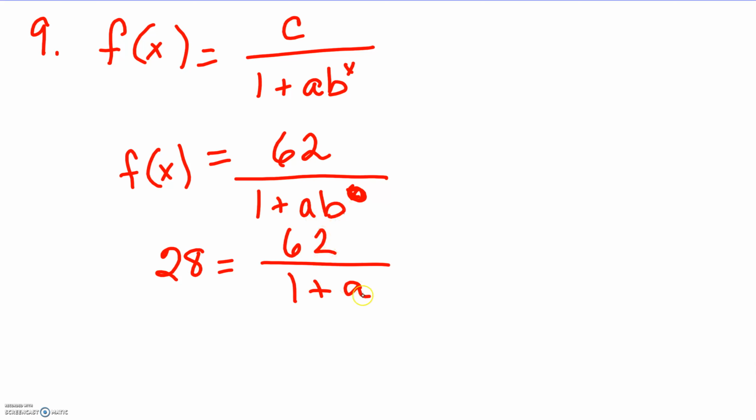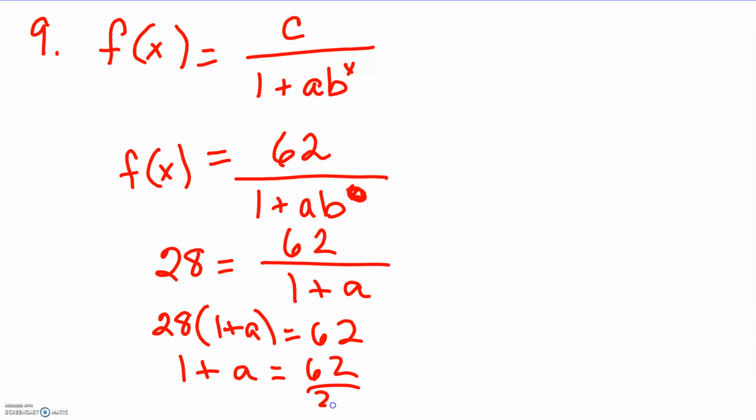So a times 1 is just a. And now I can easily solve for a, multiply both sides by 1 plus a. Divide by 28. And then subtract 1. So a is going to be 62 over 28 minus 1.